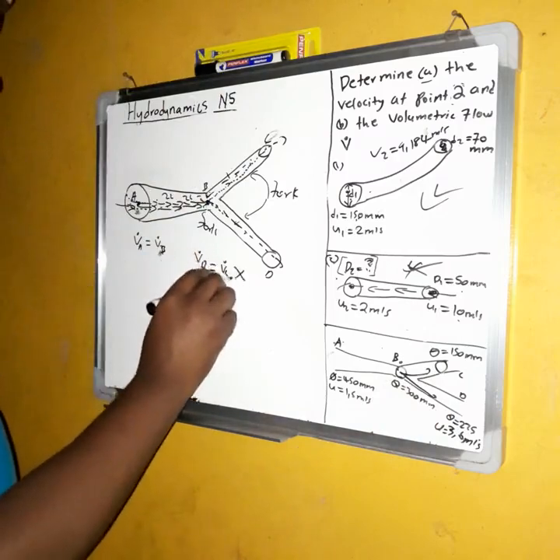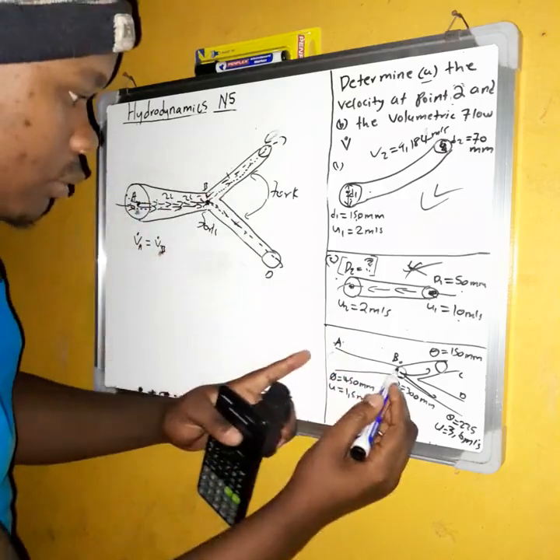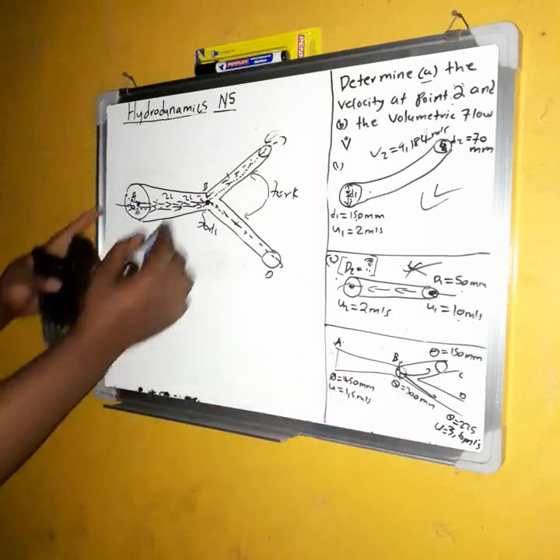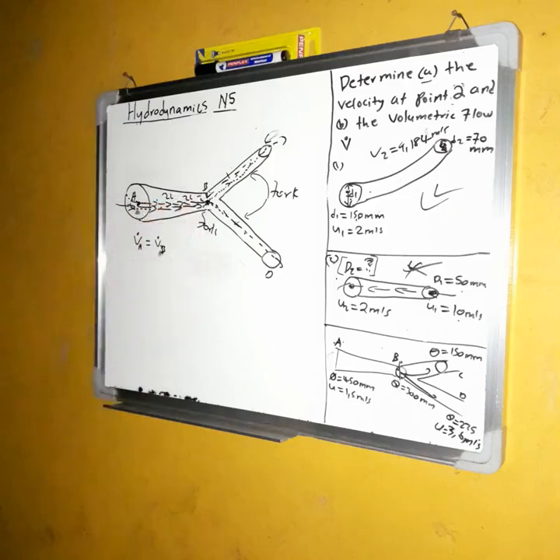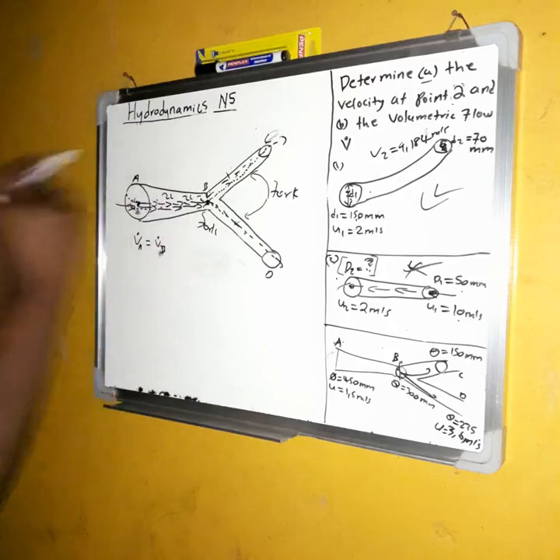So this cannot work. It will only work in this portion. The conservation of mass will only work at those positions, here at A and B.